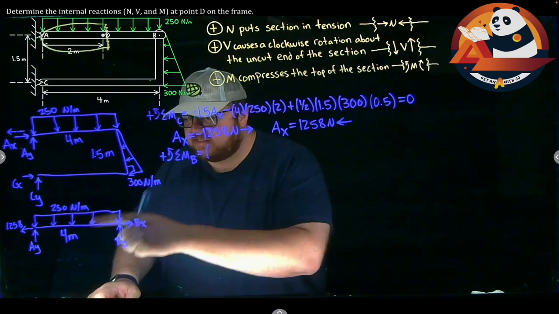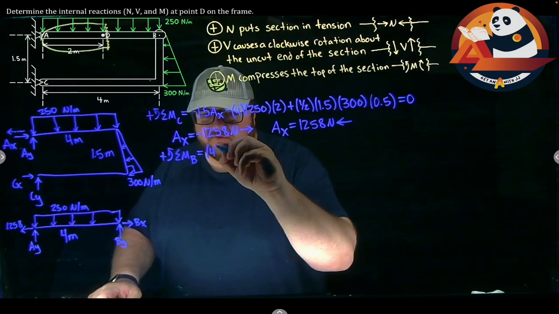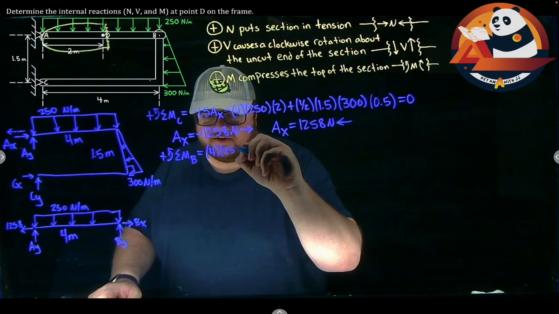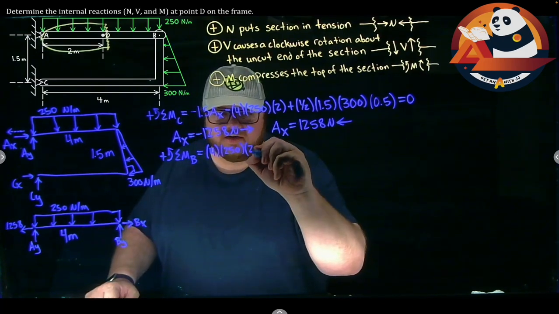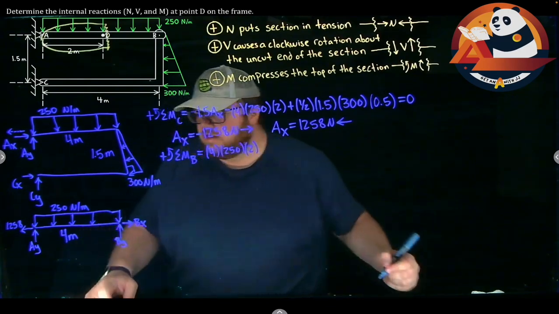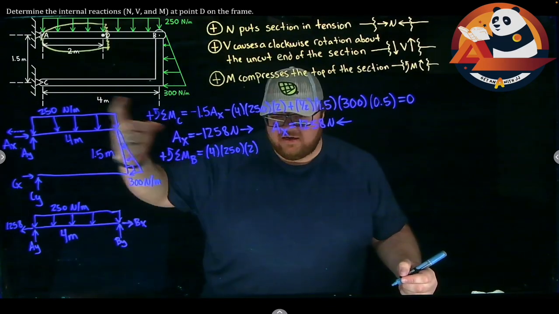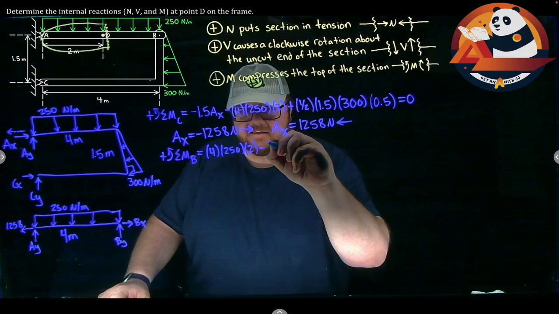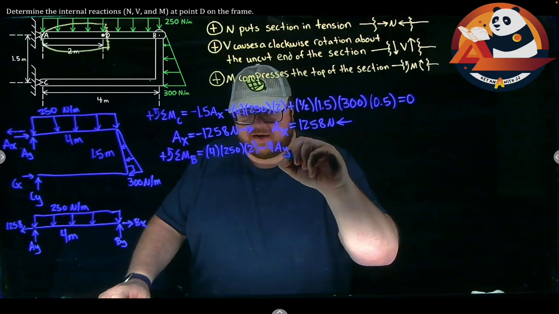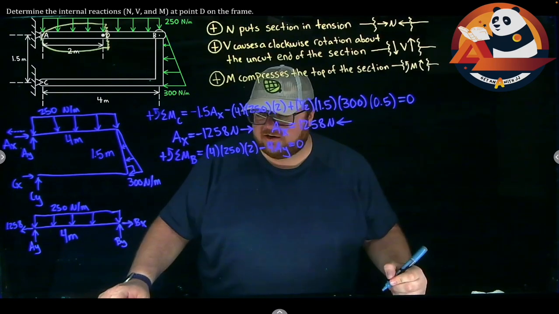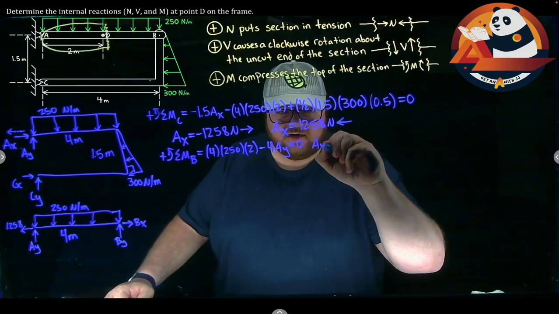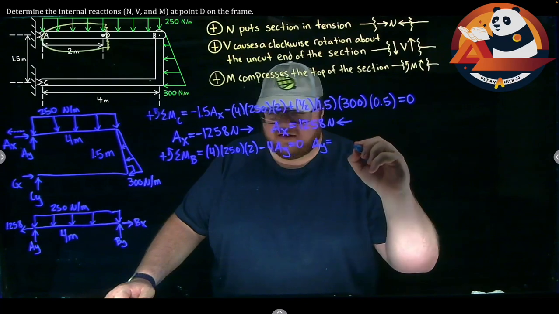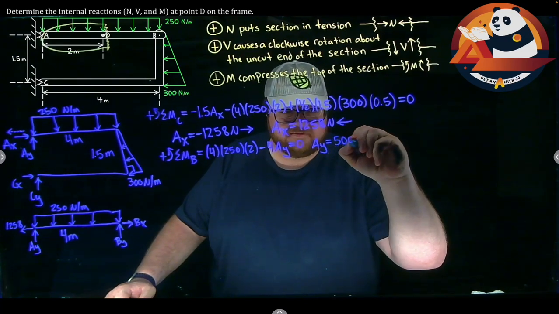So I need base times height, the area, 4 times 250, times the distance from B to the middle of that rectangle, which should be 2 meters. And AY will cause a clockwise rotation. So minus 4AY is going to get us to 0. If I solve that out for AY, I should get here that AY is 500 newtons.